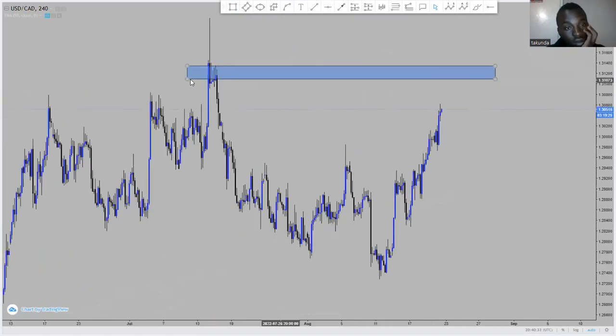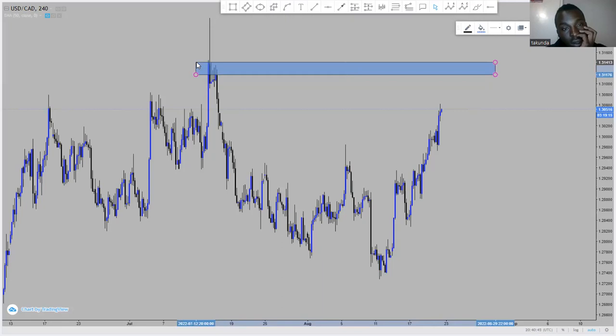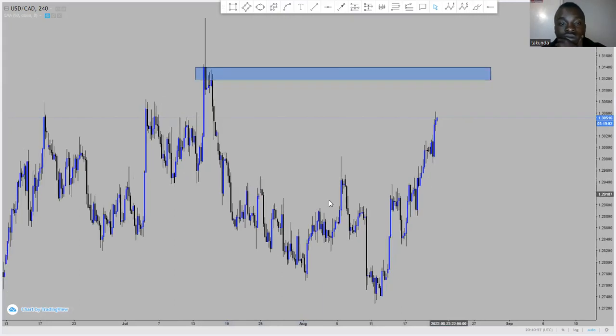So the area that we are looking forward to is that zone there. That is where the trend line most probably is on the daily. So that is our resistance, right? Remember, we spoke that US decade is in a bullish market structure.